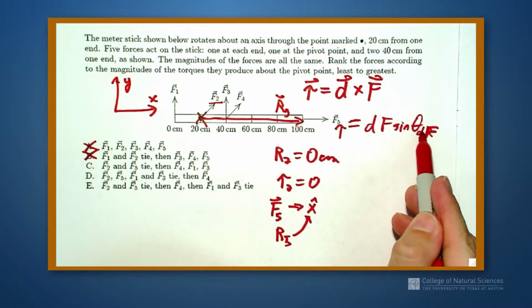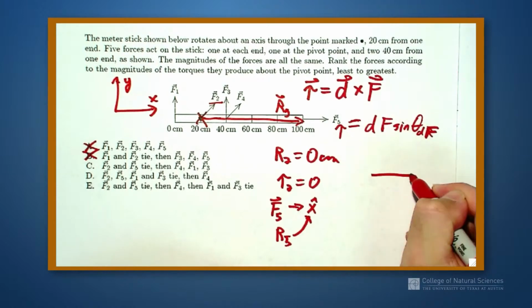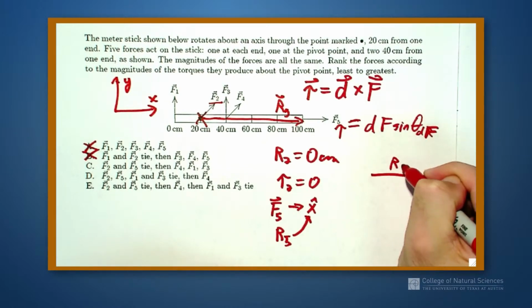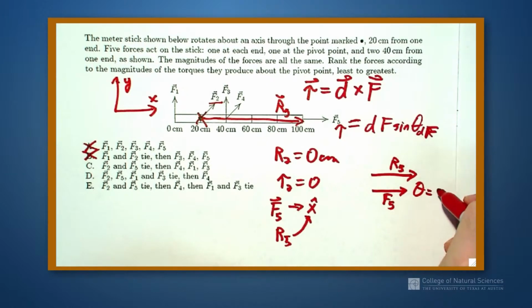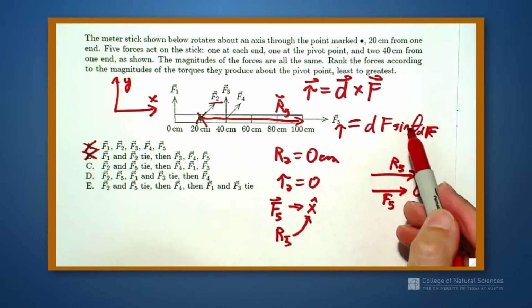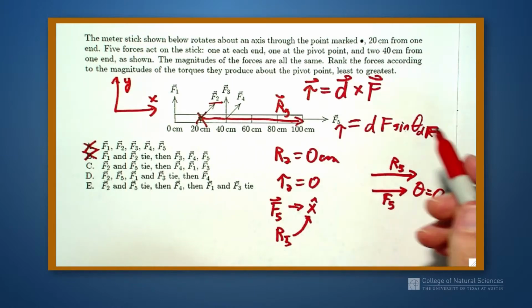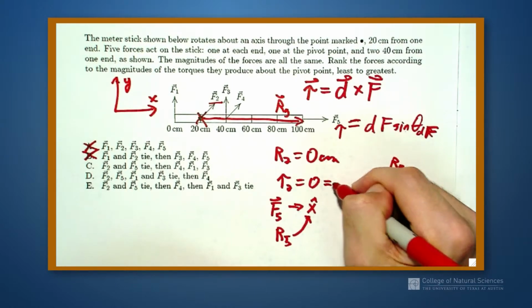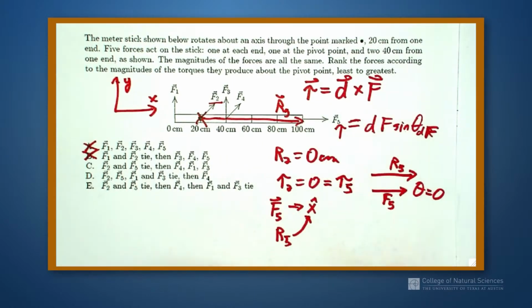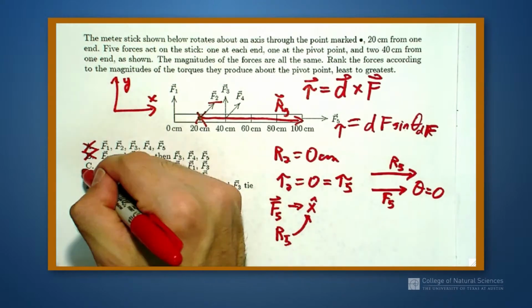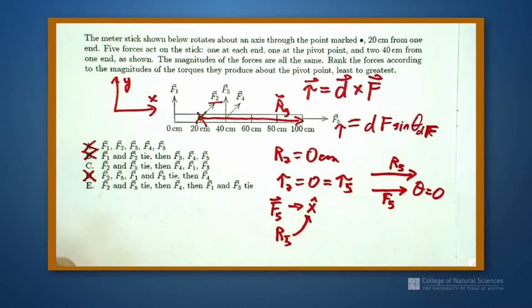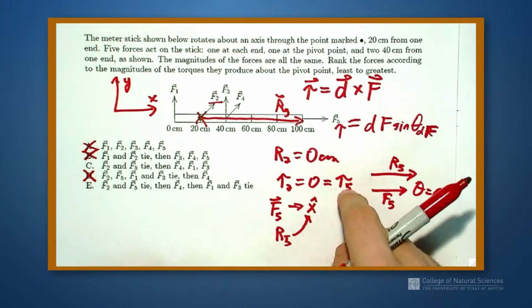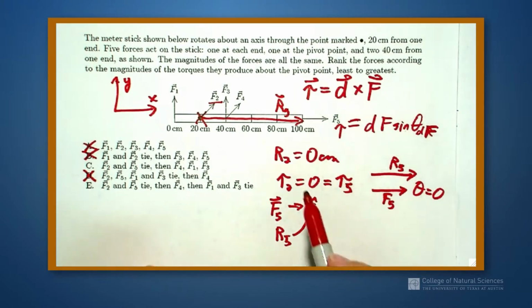So the angle between r5 and F5 is going to be equal to 0. So the sine of the angle is 0. So force 5 also has a torque of 0. So I know that 2 and 5 have to be the same torque because they have the same 0 value.